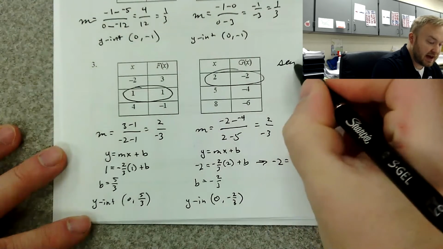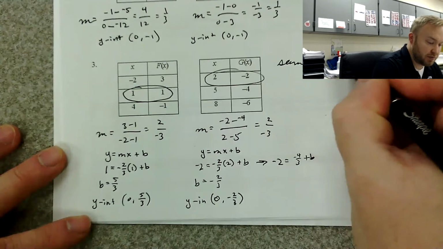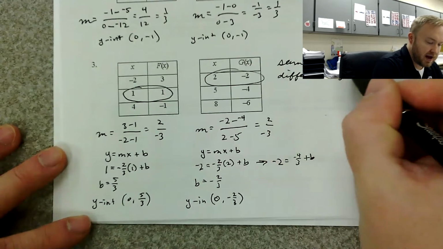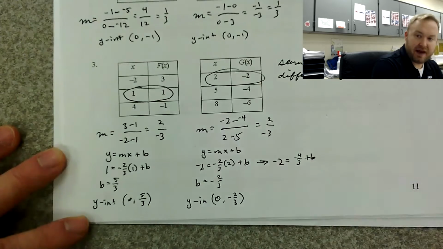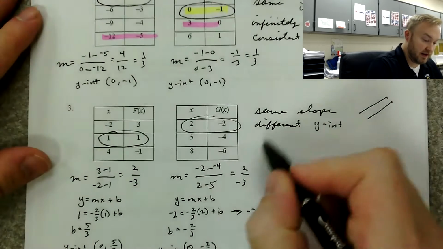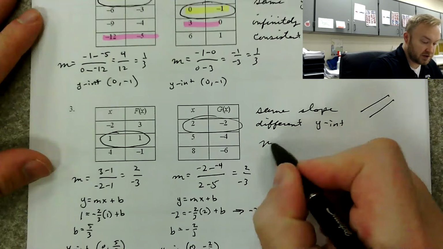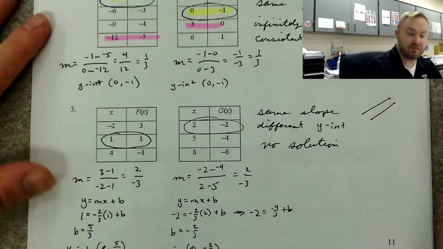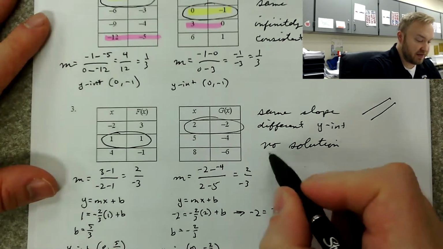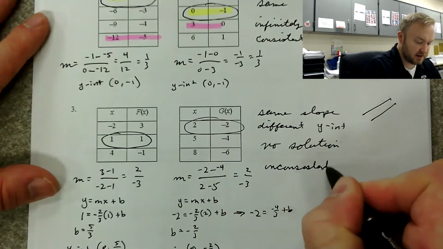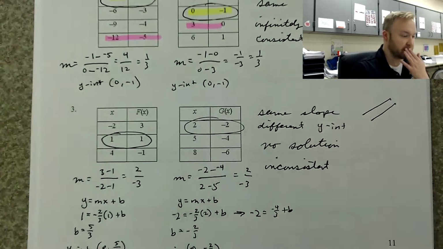These lines have the same slope, but different y-intercepts. They must be parallel. Therefore, there is no solution to this system. That means that this is an inconsistent system. All right, there we go.